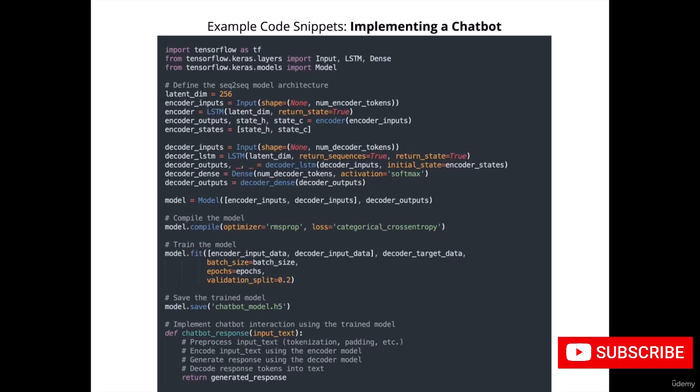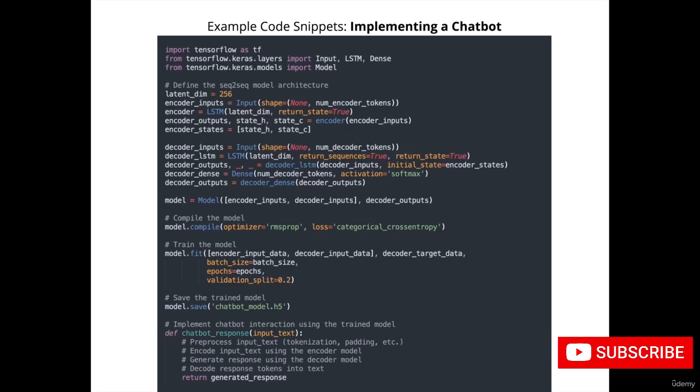And then finally implement chatbot interaction using the trained model by creating a chatbot response function that gets the input text and returns the generated text. Inside this you can pre-process input text, encode input text using the encoder model, generate response using the decoder model, and decode response tokens into text.